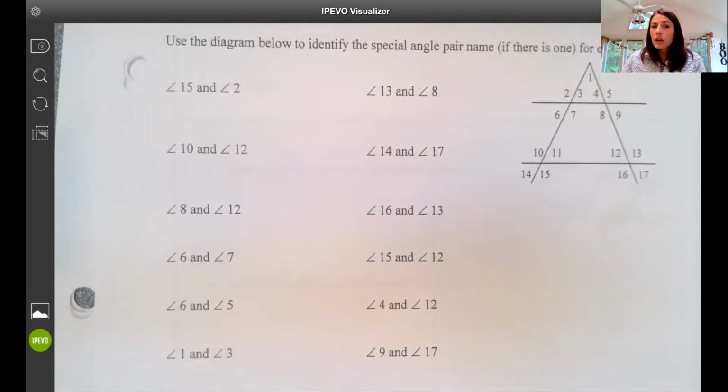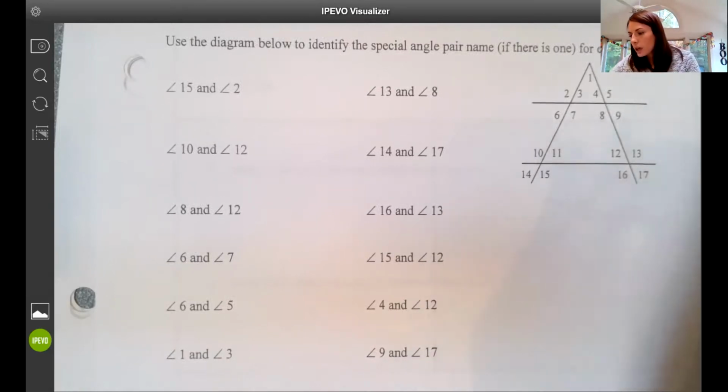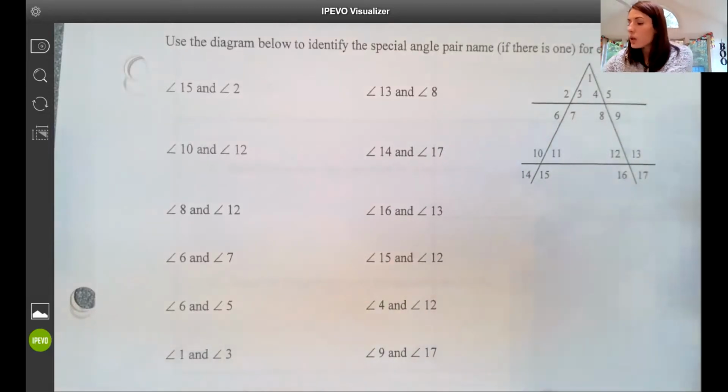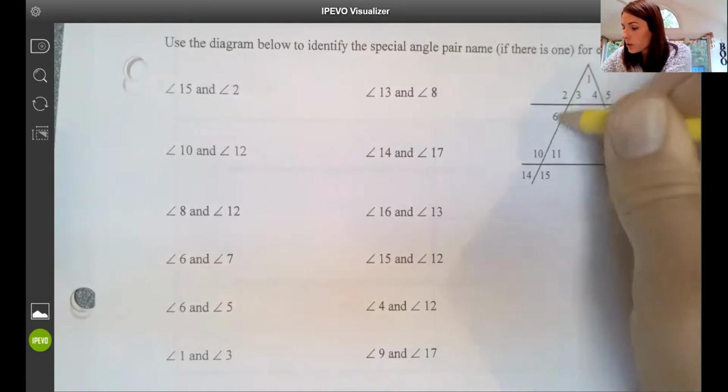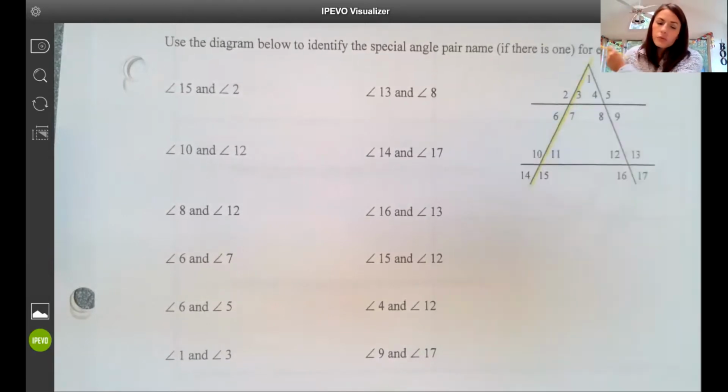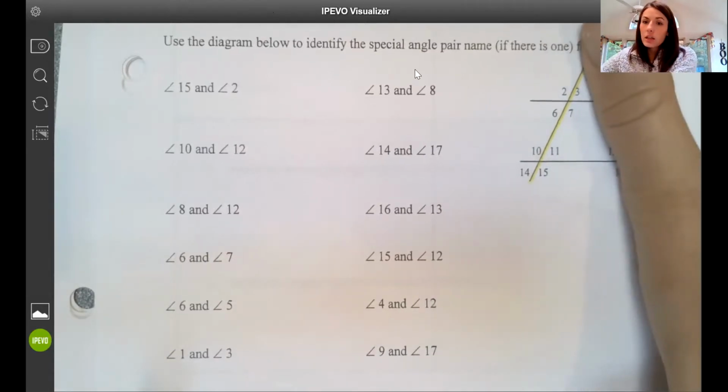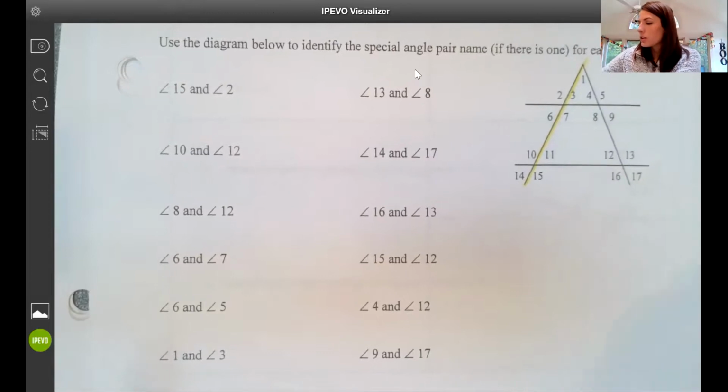So given a pair, what relationship do we have? We have a lot of transversals here. So all of these count as transversals. So we have this transversal, and I can look at the diagram here. Okay, so 2 lines crossed by that transversal, that's going to give me angle relationships.